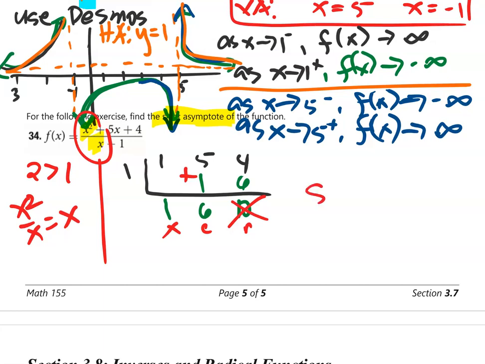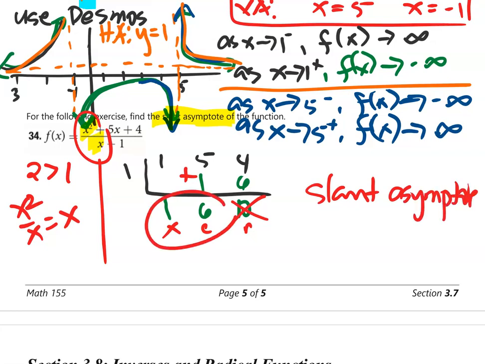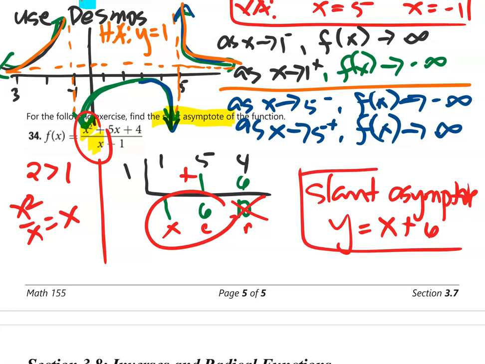So the slant asymptote here is this part, which is y equals x plus 4.